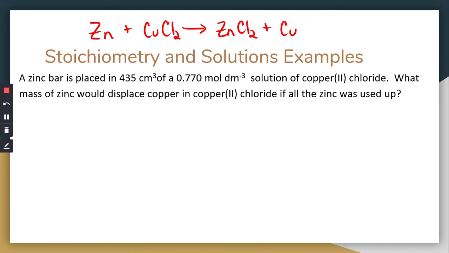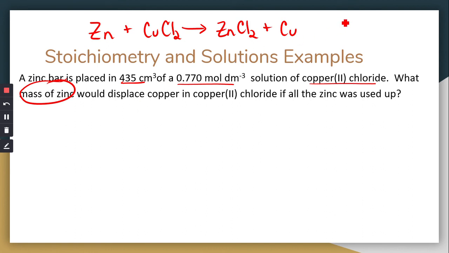We don't need to add any coefficients there.